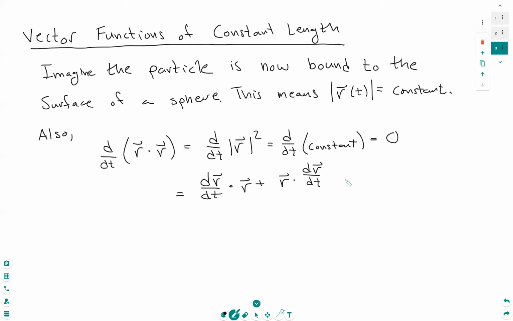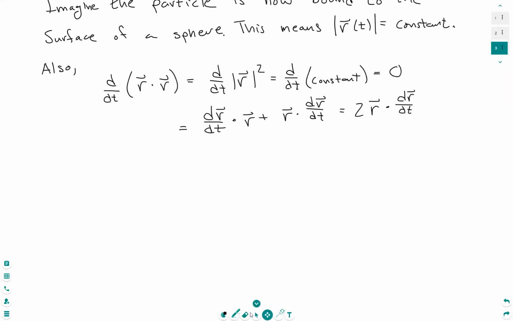Because the order of our dot product doesn't matter, we can just write this as 2r dotted with dr/dt. We did it two different ways, so the end results need to be the same. So I know that r dotted with dr/dt is equal to 0.